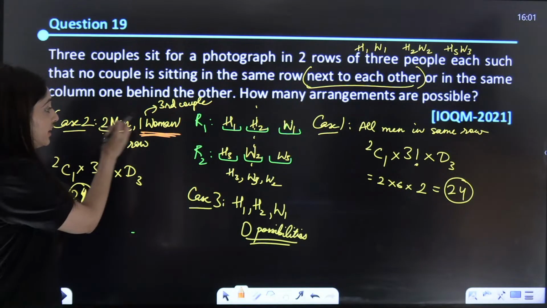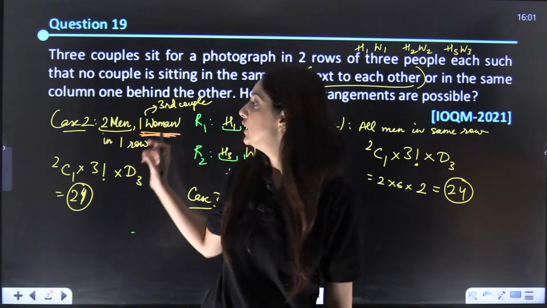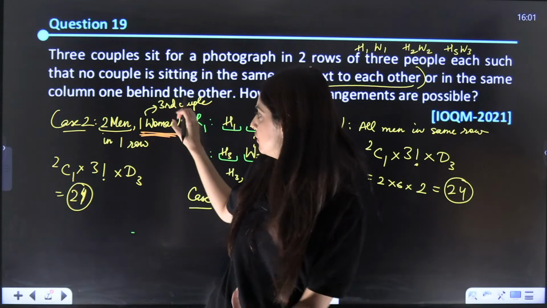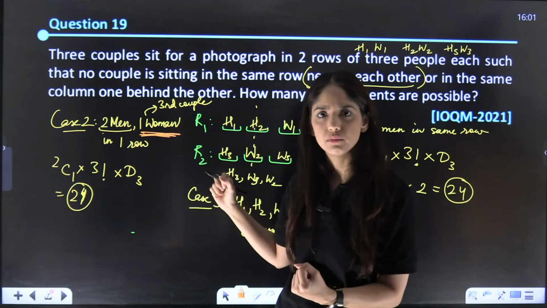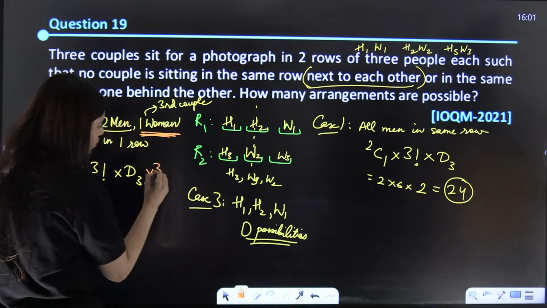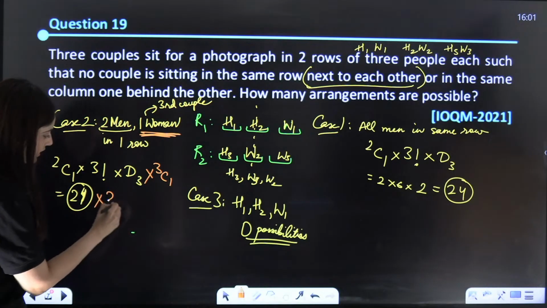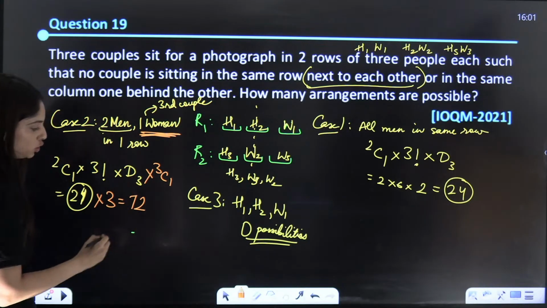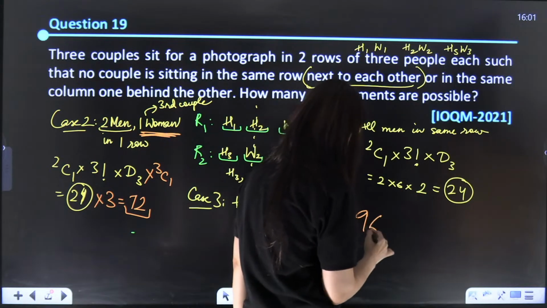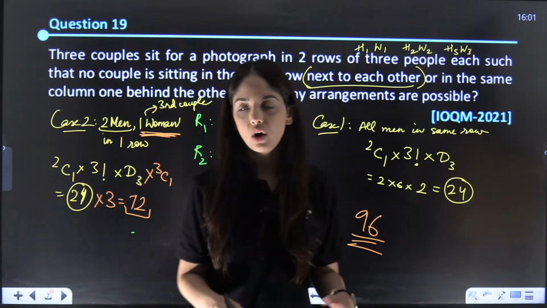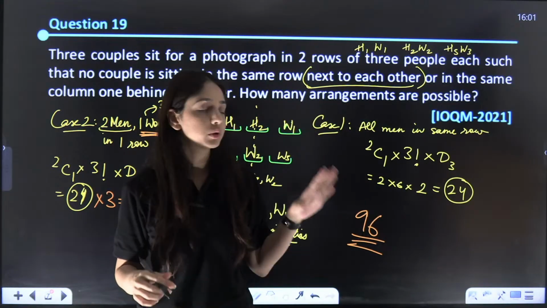But which one woman is sitting with the other 2 men? We have to select that woman as well, right? Which woman are we taking and making her sit with 2 men in the same row? So in addition, we will have to select which couple this woman belongs to. So that means this is 72, and now 72 plus 24, that is 96. Okay, complicated, yes, but this is how we have to consider it case by case, making sure that we're not missing any case.